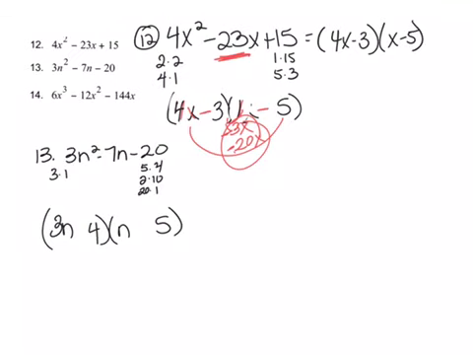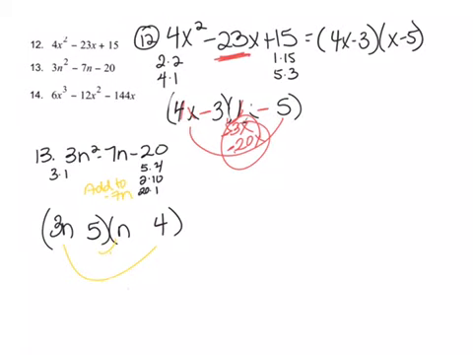I like to try those first. My outside is 15n, and my inside is 4n. I need it to add to negative 7n, so there's no way I'm going to get 7 out of 15 and 4. So let's try swapping them. Put my 4 here and my 5 here.